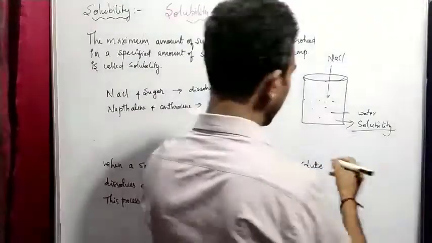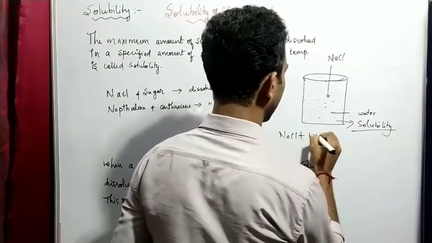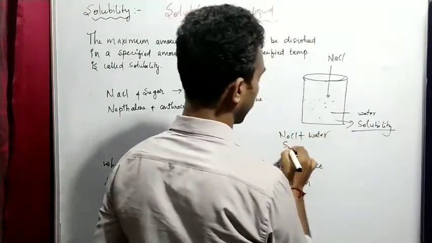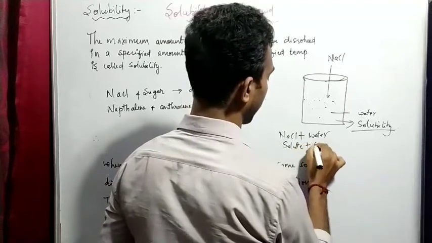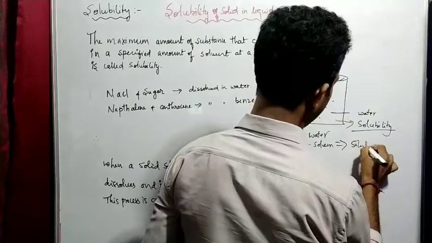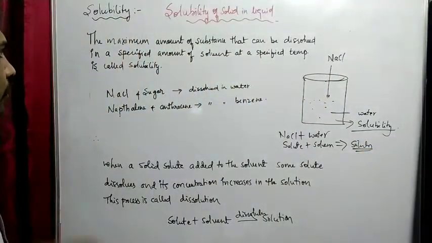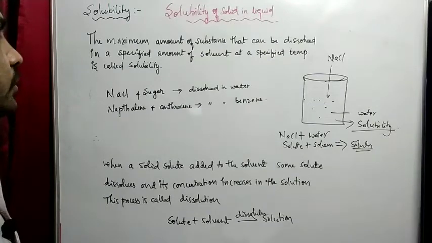From the dissolution you are getting sodium chloride plus water, that is, solute plus water acting as solvent, and what you are getting is a solution.